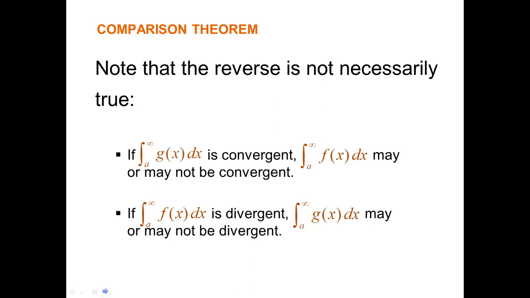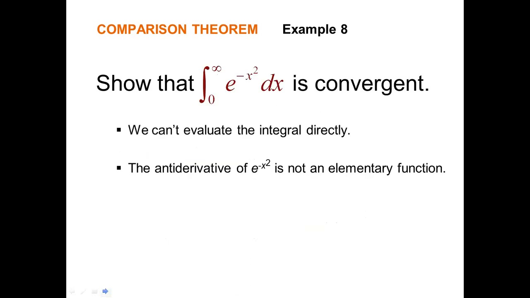Now, how do we apply that to a particular situation? I think this is the last example in this set of slides. Show that the integral of e raised to negative x squared from 0 to infinity is convergent. It does not ask you to determine the value, but it's simply asking you to determine whether this particular integral is convergent.